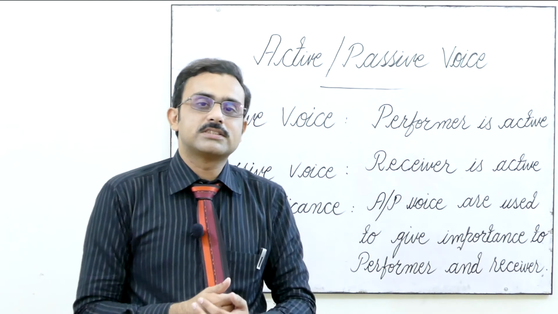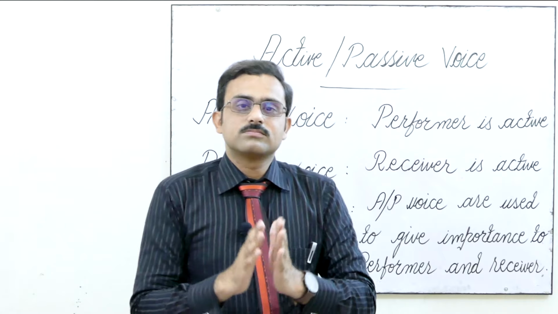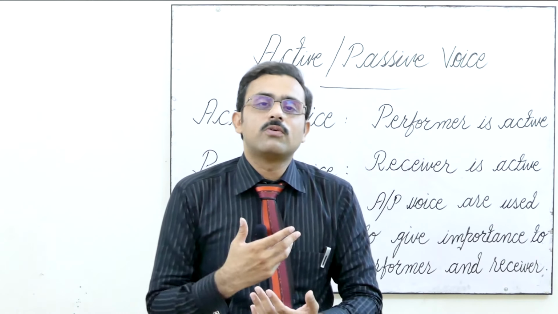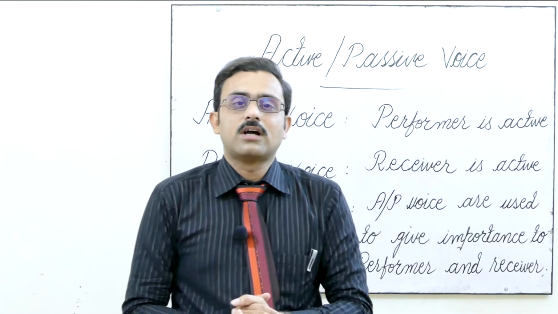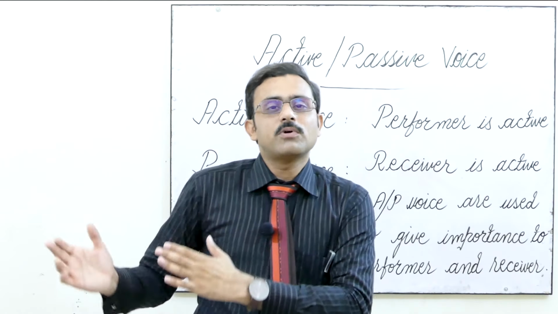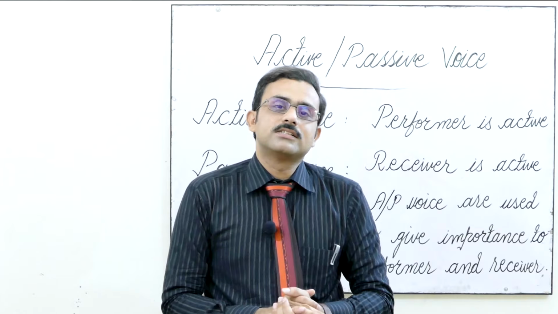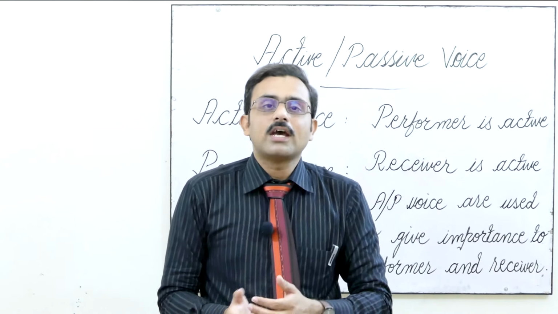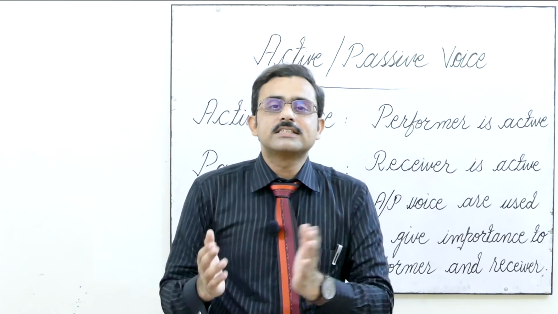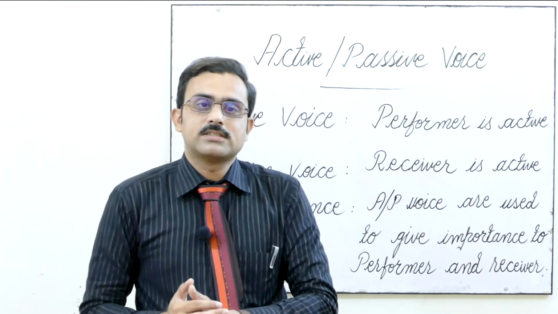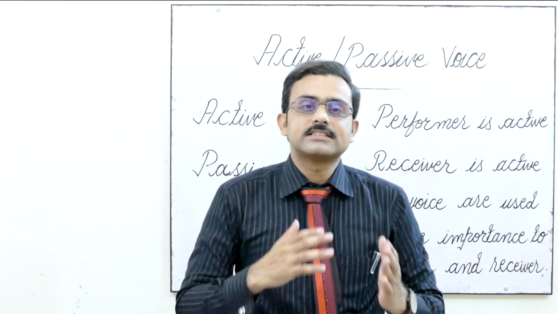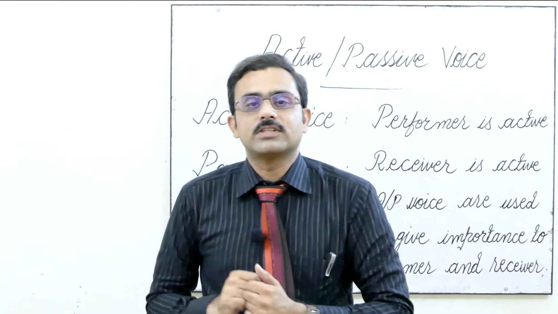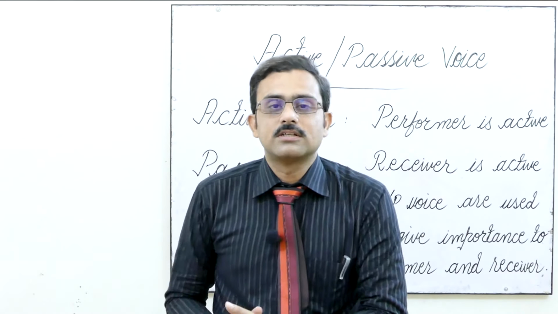But before this, we have a voice. So voice is of two types. One type of voice is considered active voice and the other type is considered passive voice. Basically, these are sentences relevant to the English language, relevant to English grammar.